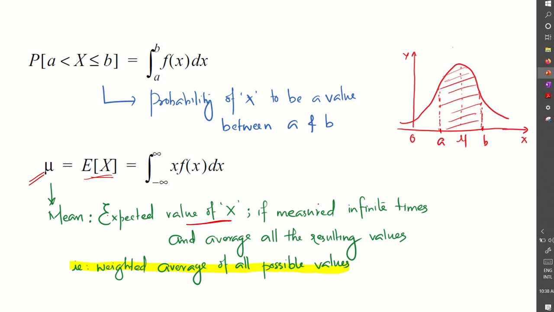If we are taking infinite measurements, say we have a sensor and we use that sensor to take a reading infinite times, then the weighted average of all those readings is the mean. Okay. So that is the integral from -infinity to infinity of x times f(x) dx.